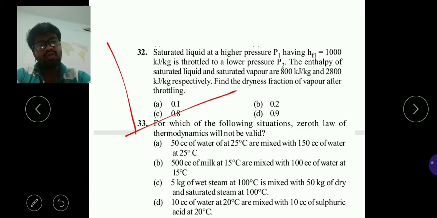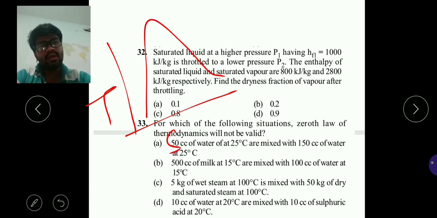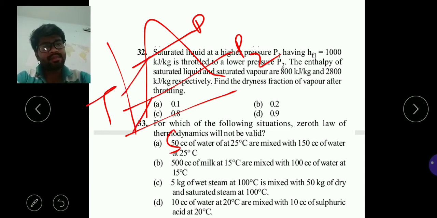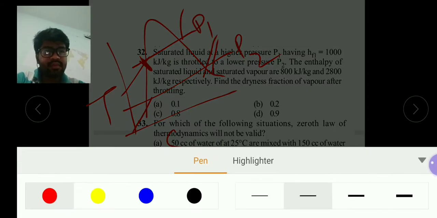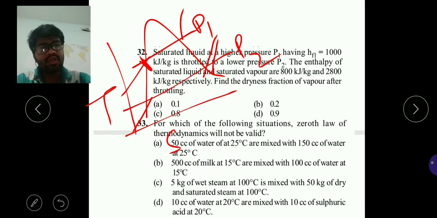So this is T, this is S, and this is the vapor dome. This is the P1 region and this is the P2 region, and it will be somewhat like this, with the superheated region. The first point is at pressure P1, in the saturated liquid region.